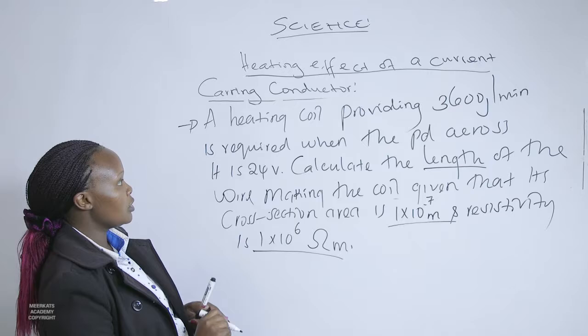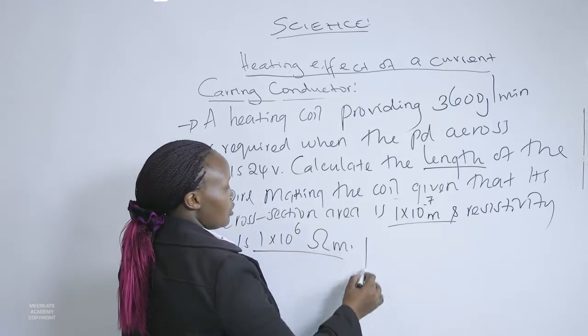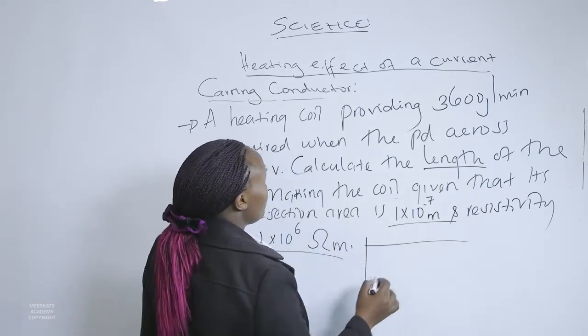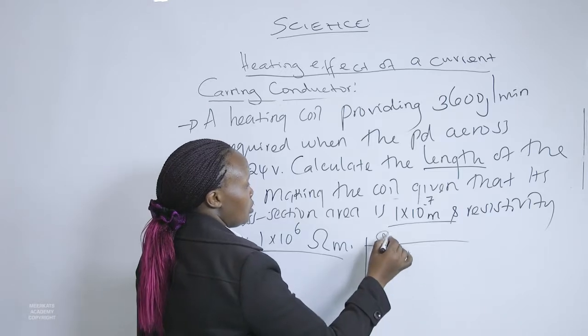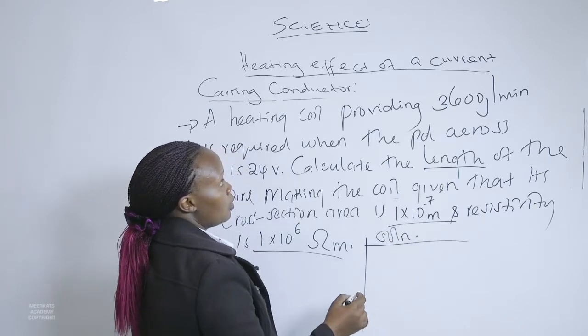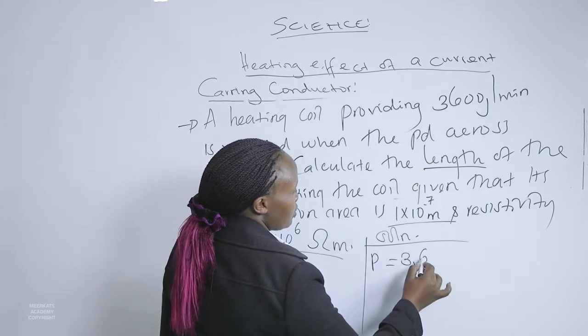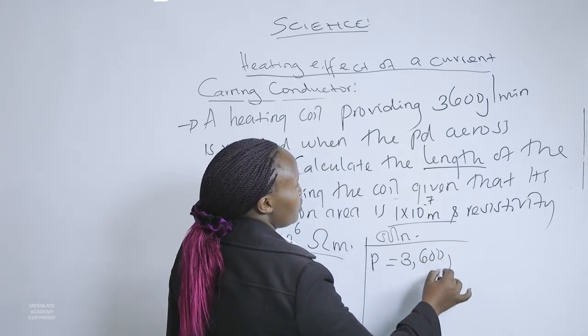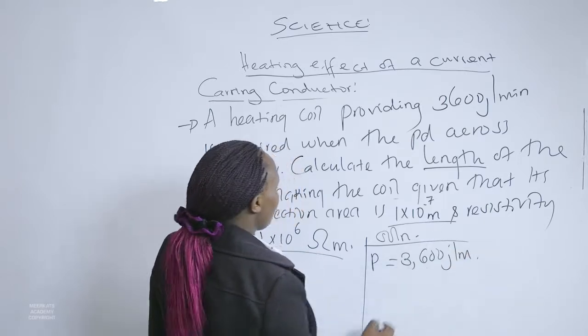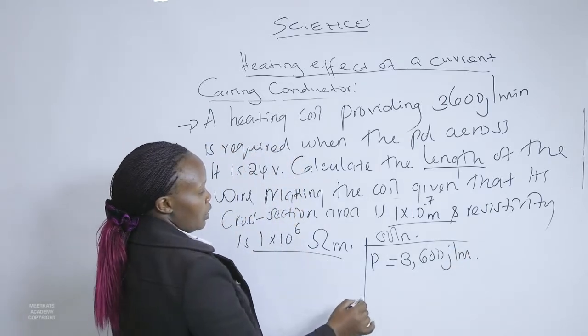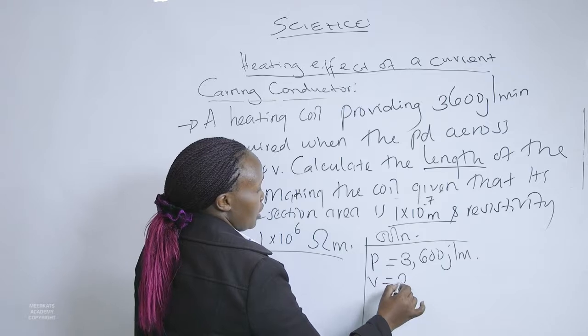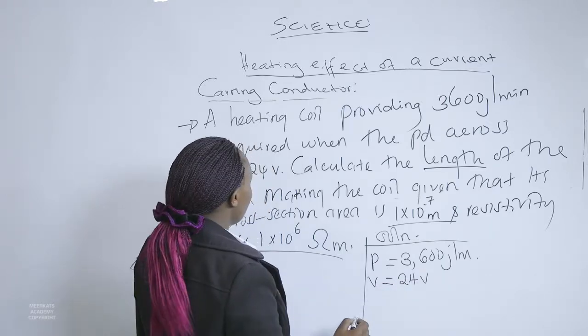Now again, let us look at the information we have. We have power as 3,600 joules per minute. We have voltage as 24 volts.